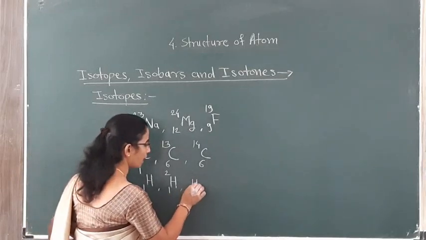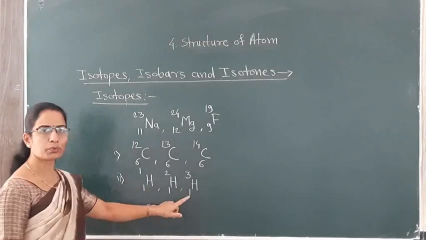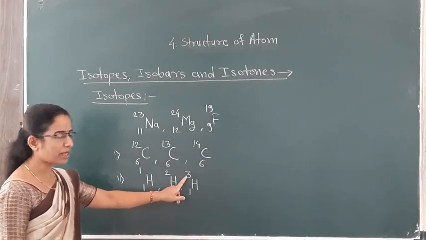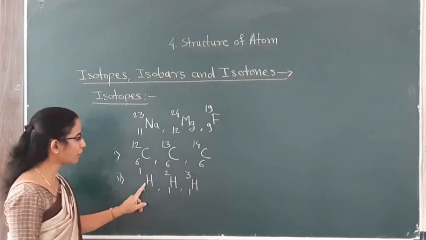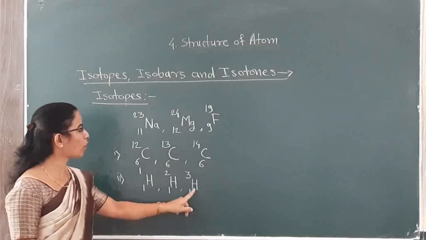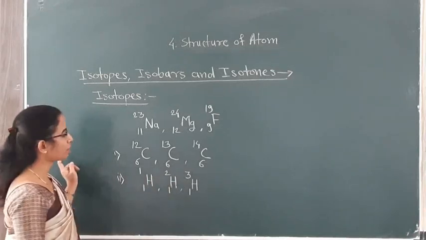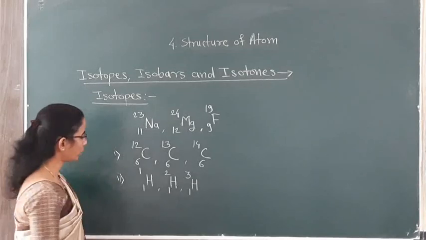Now the third nuclide of hydrogen is represented as H 1 3. Its mass number is 3. These are again the atoms of the same element, but these atoms are of different kinds because they have different mass numbers. So these are the isotopes of hydrogen.